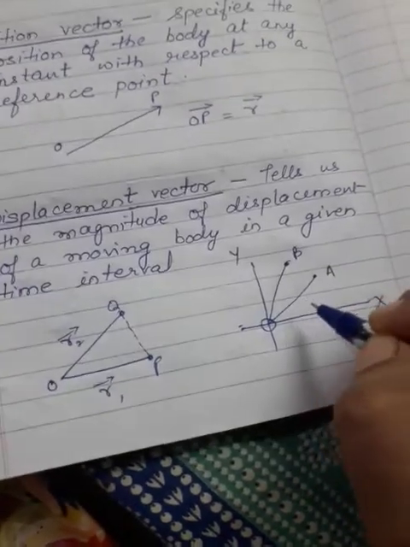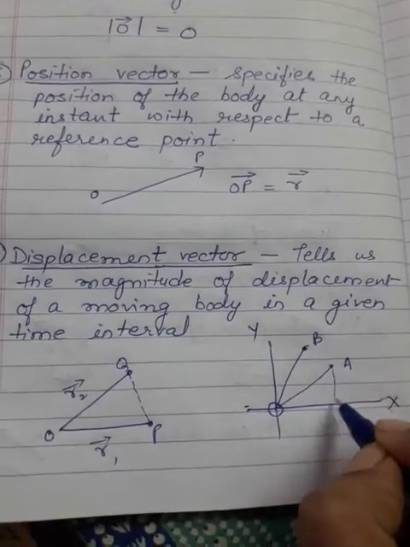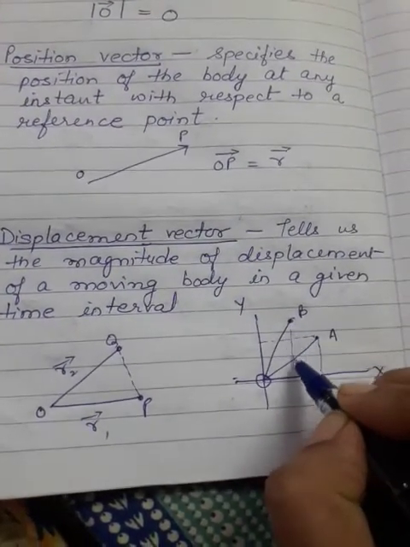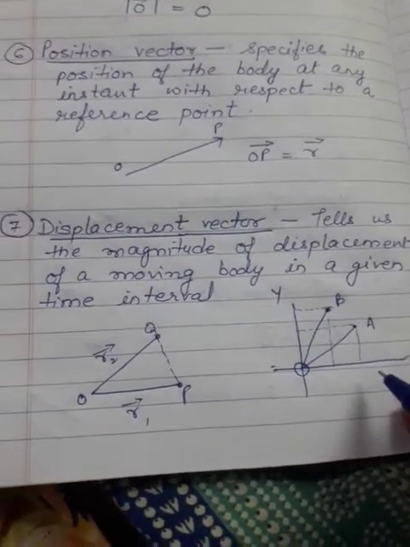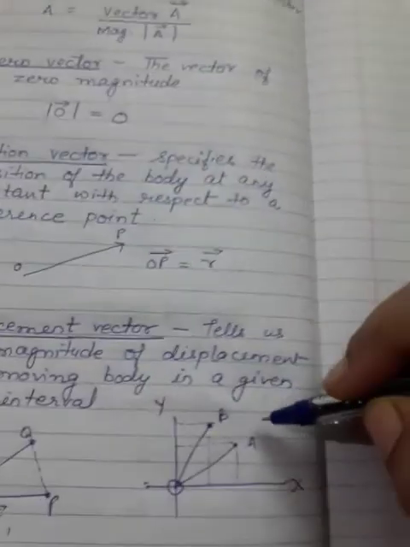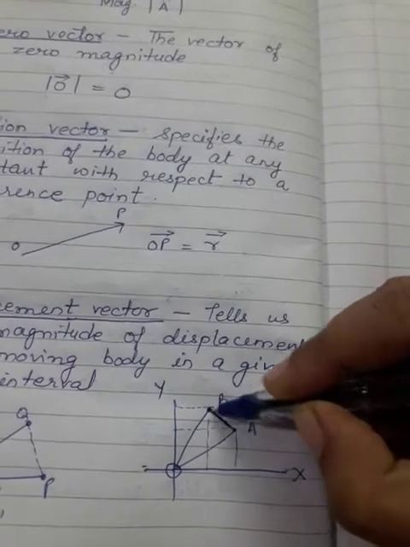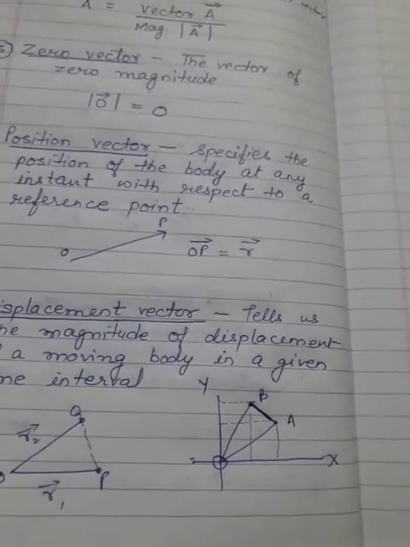But this is the position with respect to the x-axis and y-axis. If you need to find the displacement, then the displacement will be the distance between A and B with respect to some time. This is called the displacement vector.